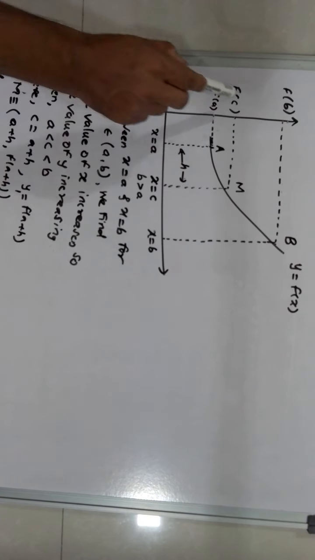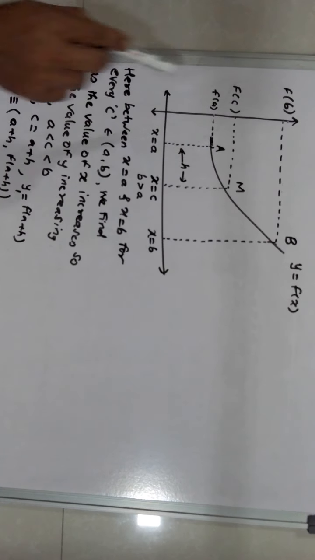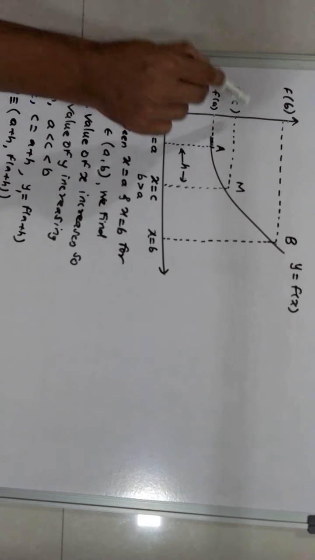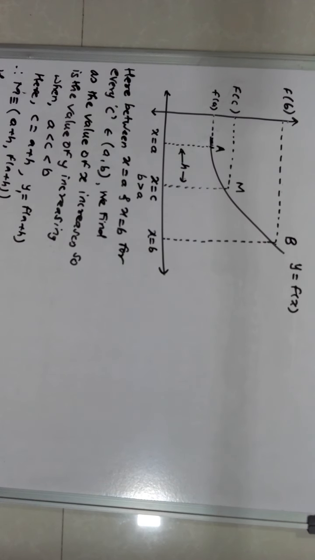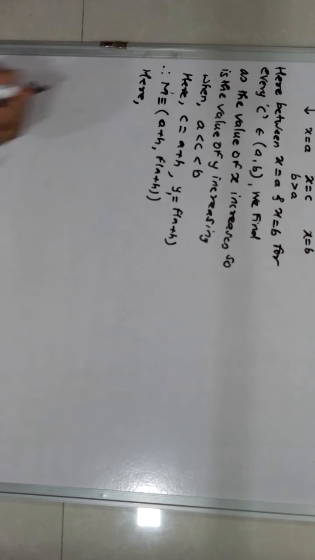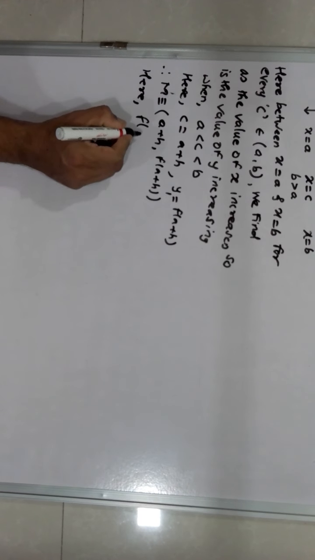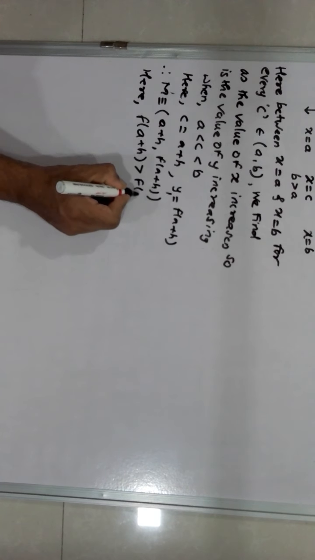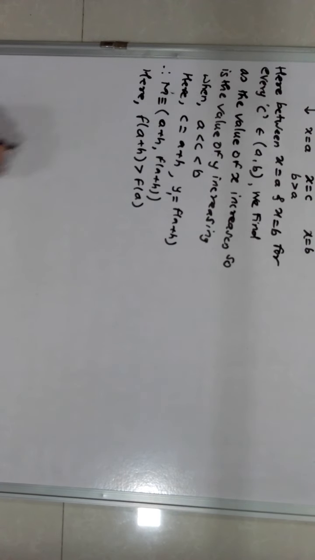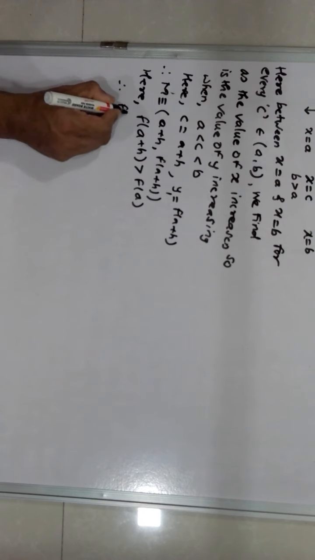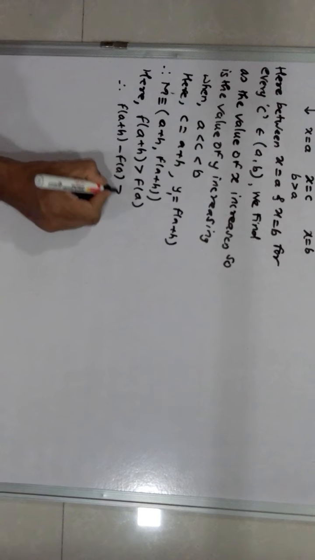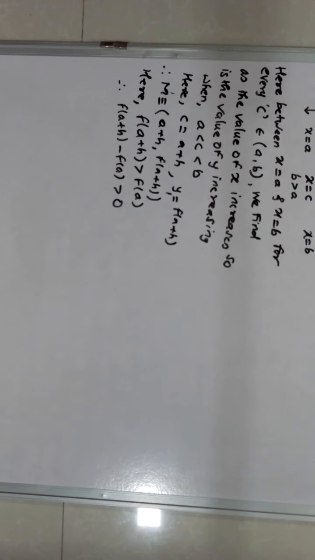See here, this is your f(c) and this is your f(a). So the value of f(c) is greater than f(a). So obviously I can write f(a plus h) is greater than f(a). Commonly speaking, subtracting f(a) from both sides, f(a plus h) minus f(a) is greater than 0, right?